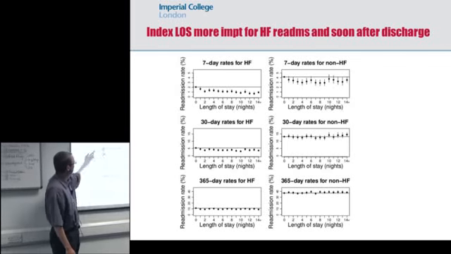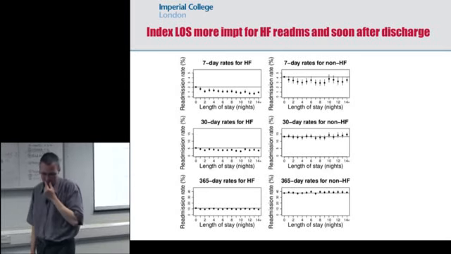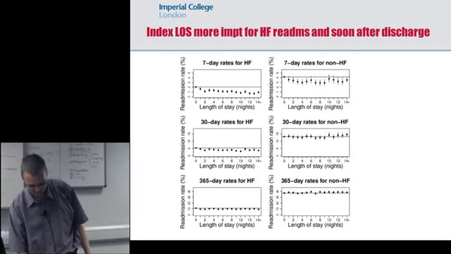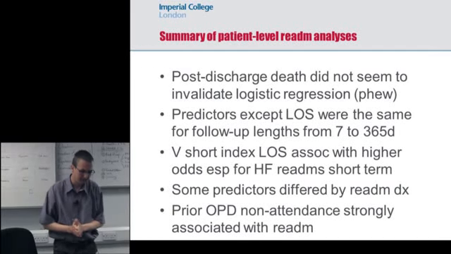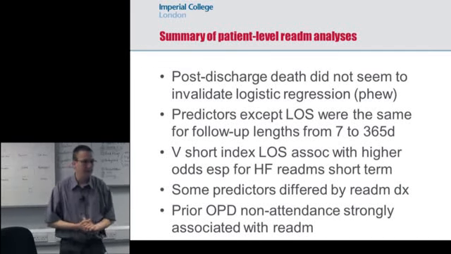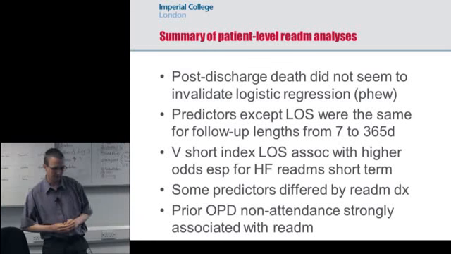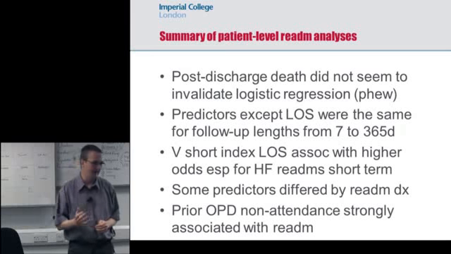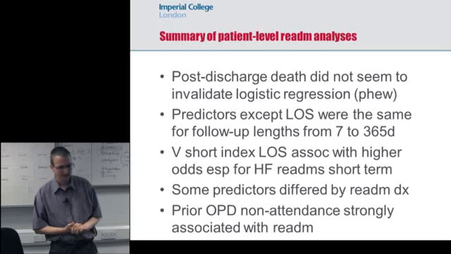So it's a stronger effect in the short term for heart failure readmissions. It's a little bit complex, but that's in essence what it is. So, in summary, Study 1: post-discharge death doesn't seem to invalidate this approach, which is good news, because all studies ignore that problem, so it's a relief that it's not a problem.